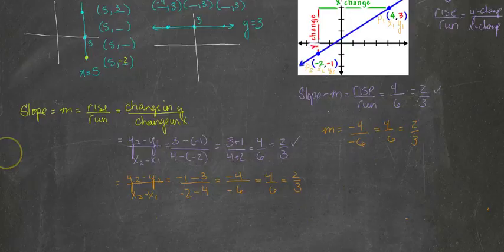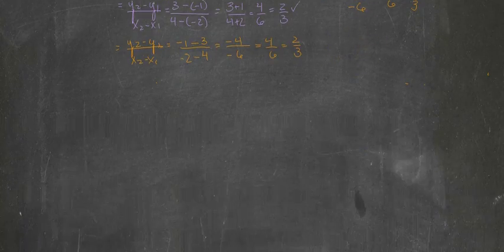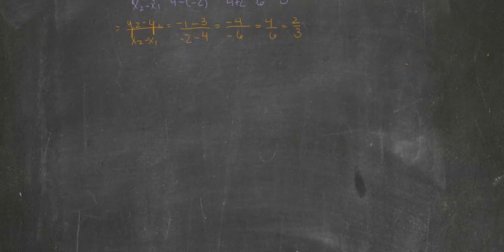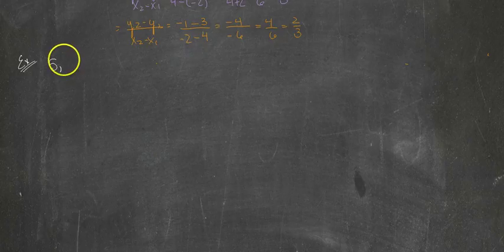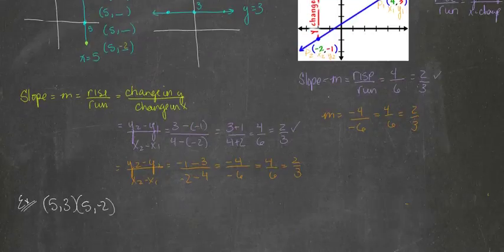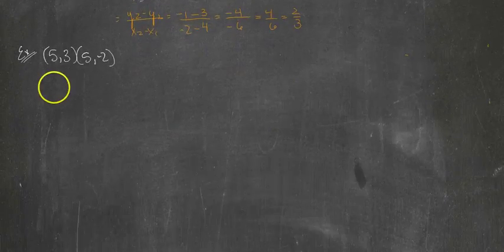This is getting cramped in here, isn't it? Let's come down here so we have more room. So I'm looking at the vertical line that has coordinates 5, 3, and 5, -2. Yes. So let's use our formula.